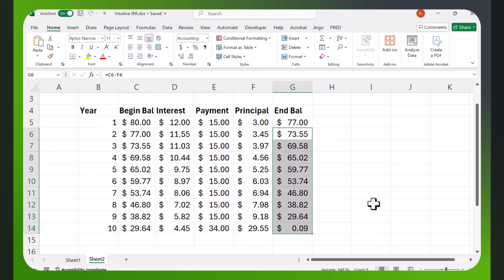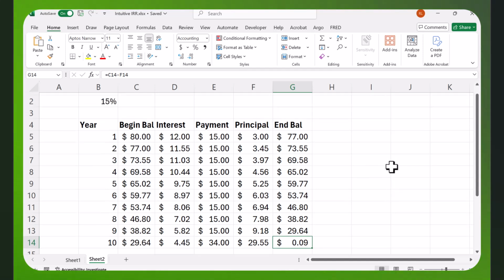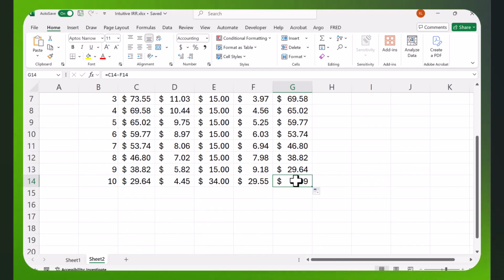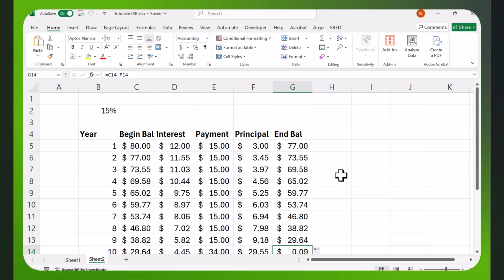We see at the end of the period, or the end of the project, the balance is essentially zero. So you can see at 15%, these cash flows covered this $80 cost. Let's take a look and see what happens if the interest rate were higher. So you can think of this as the NPV at the end of the project is zero.